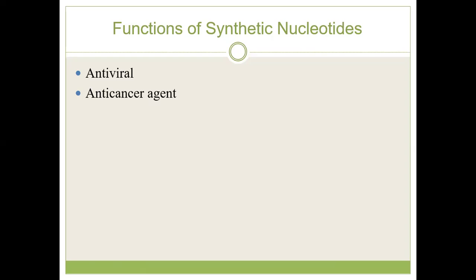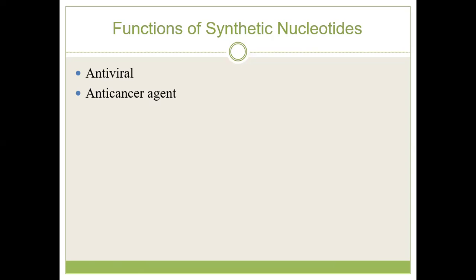There are quite a number of drugs like cytarabine, which is used for the treatment of leukemia. This cytarabine actually inhibits DNA polymerase. That is the mechanism of action. And there is also fluorouracil, which is a very well-known anti-cancer agent. It also inhibits DNA polymerase.